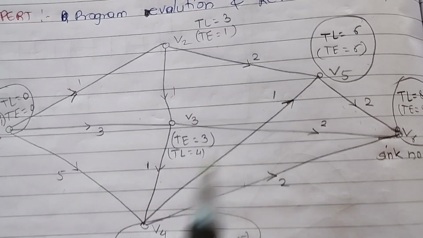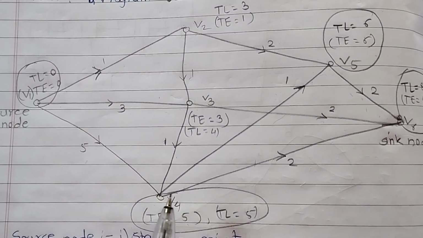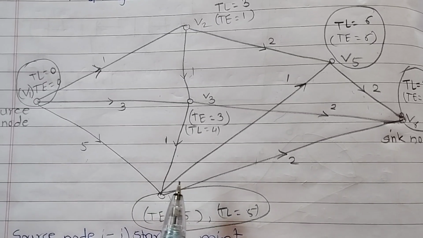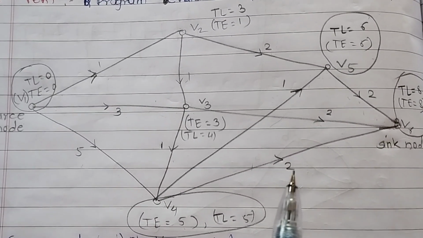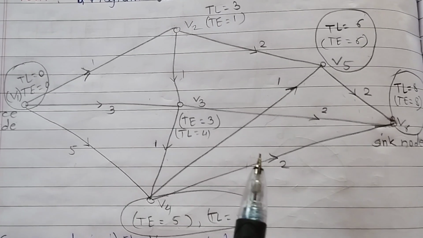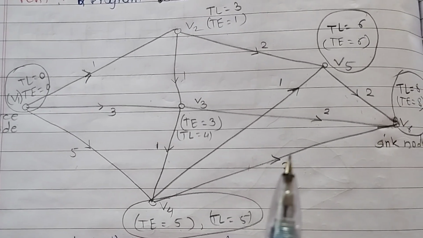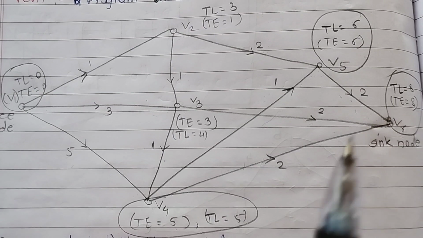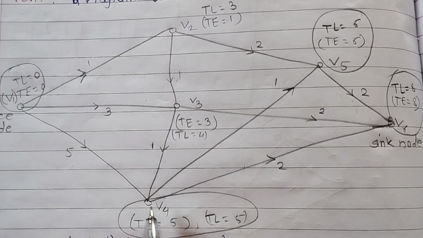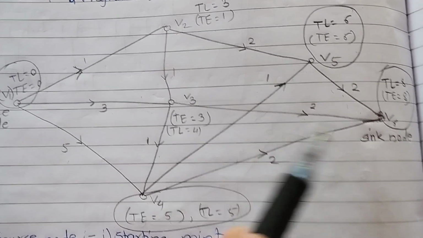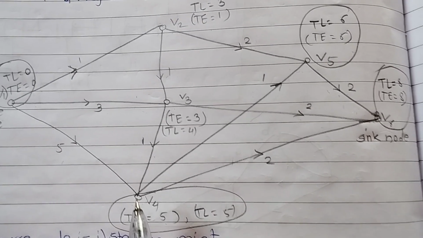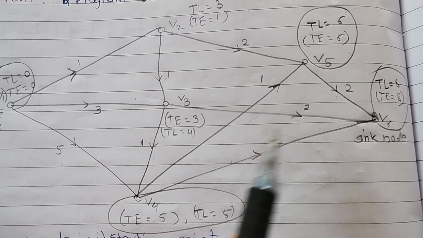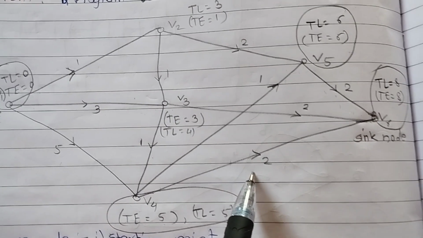Now move to V4. We find all the possible ways to go from V4 to V6, take the maximum weight of the paths and subtract it from T of the sink node. The possible ways are: first, go directly from V4 to V6, the count is 2.